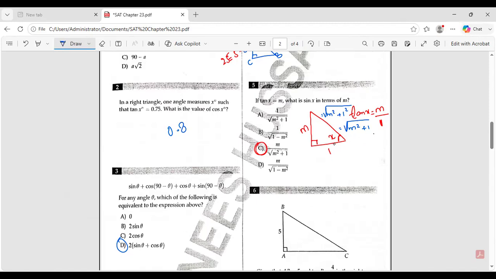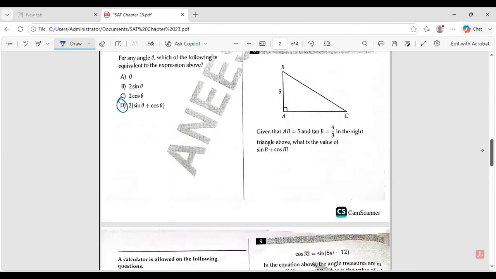So I need to find the value of sin x. Sin x is opposite over hypotenuse, which is m over the square root of m squared plus 1. Therefore, the answer is C. Yes sir. Okay.